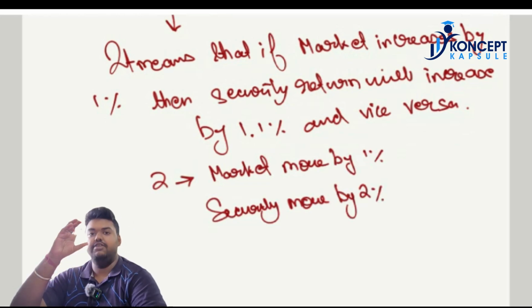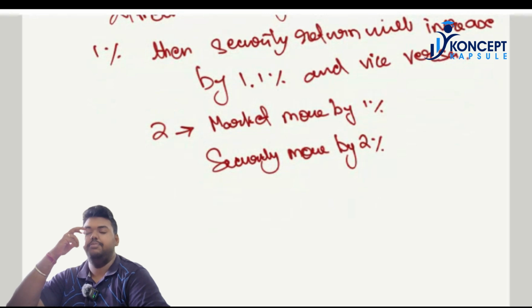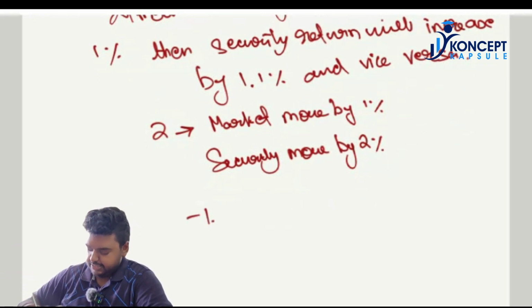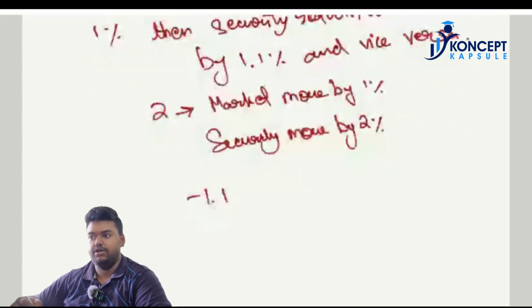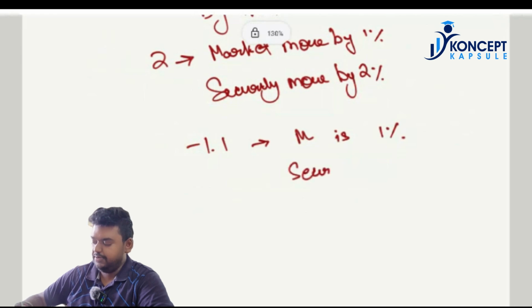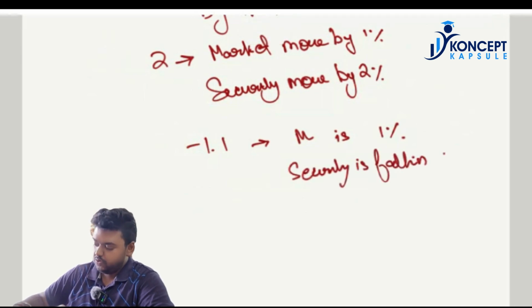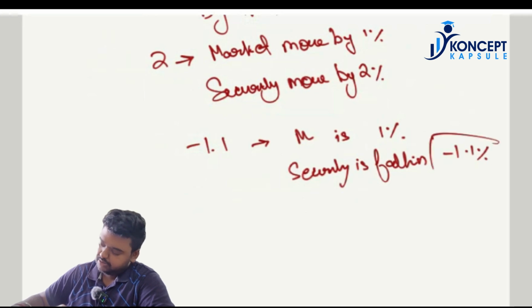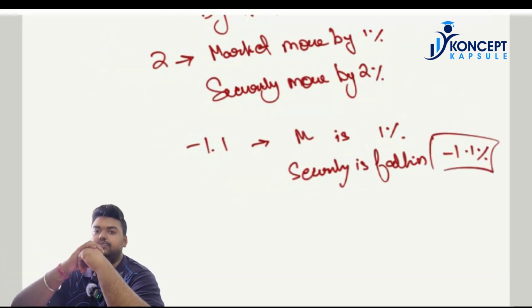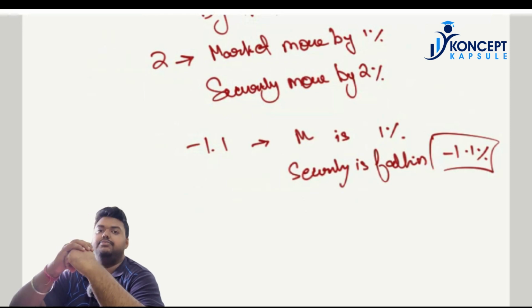Guys, are we getting it? Are we understanding the meaning of beta? Similarly, if beta is minus 1.1, then what we are saying is that if the market is increasing by 1%, the security is falling by 1.1%, which means the security is moving in the opposite direction to the market.